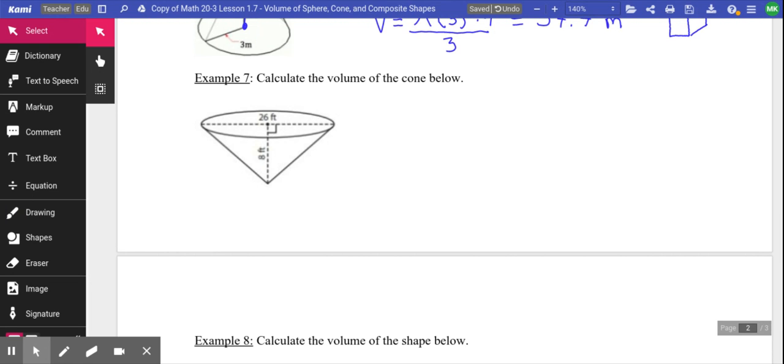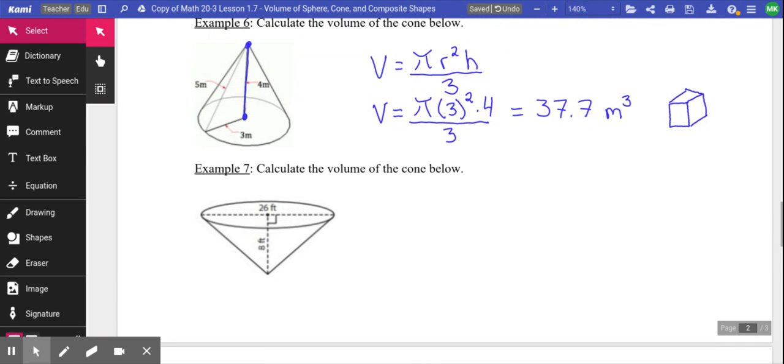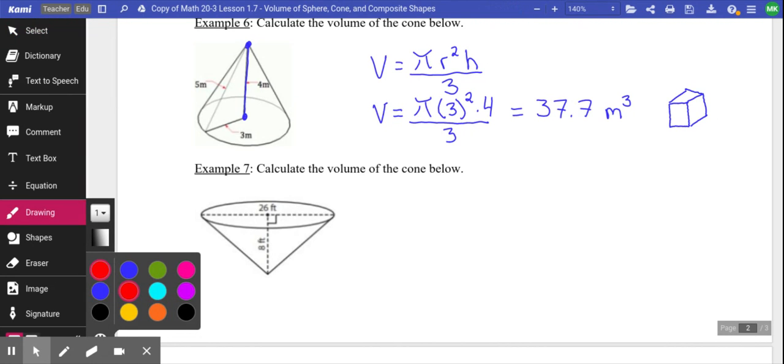Calculate the volume of that cone. Remember, you want to use the radius, not the diameter. In this case, the diameter is 26. We divide by 2 to get 13 as your radius. You're always dividing that diameter in half so that you get your radius number. Don't just use whatever number they gave you.